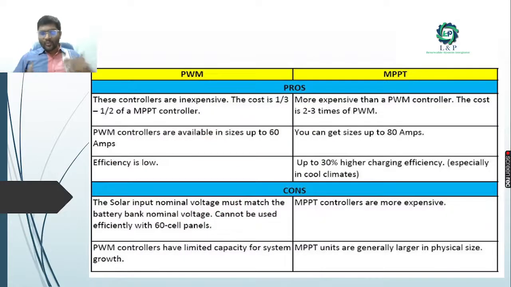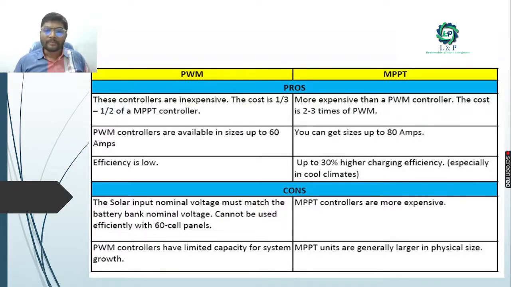If you look into the pros and cons of PWM and MPPT, PWM controllers can be used only up to 60 amps maximum size. But when you go for MPPT, we can use it up to 80 amps load. And the most important thing about MPPT is that we can increase the efficiency by more than 30%, especially in cold climates, whereas in the case of PWM the efficiency is very low, as we all know.